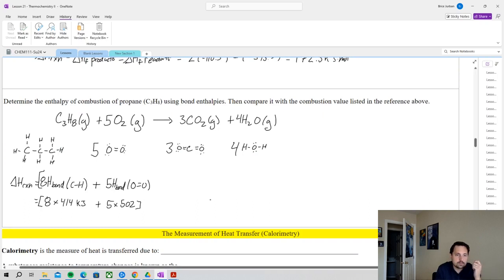And then we're going to subtract these ones. And now there are 6 C=O bonds here. And then there are 8 O-H bonds here.